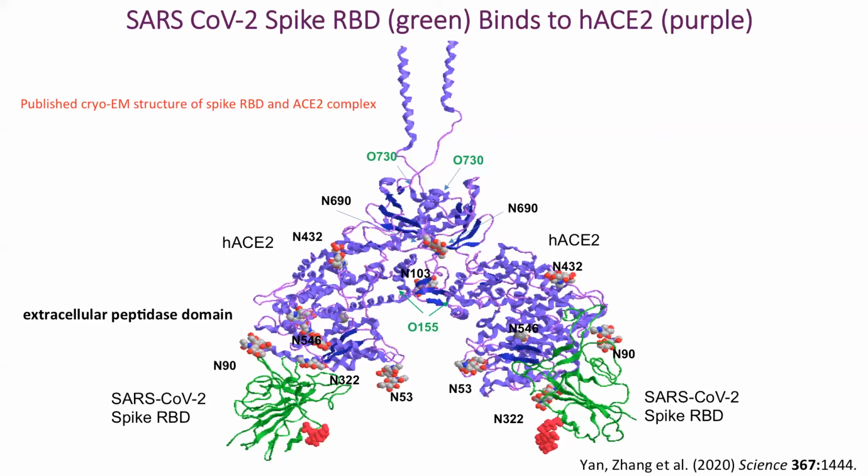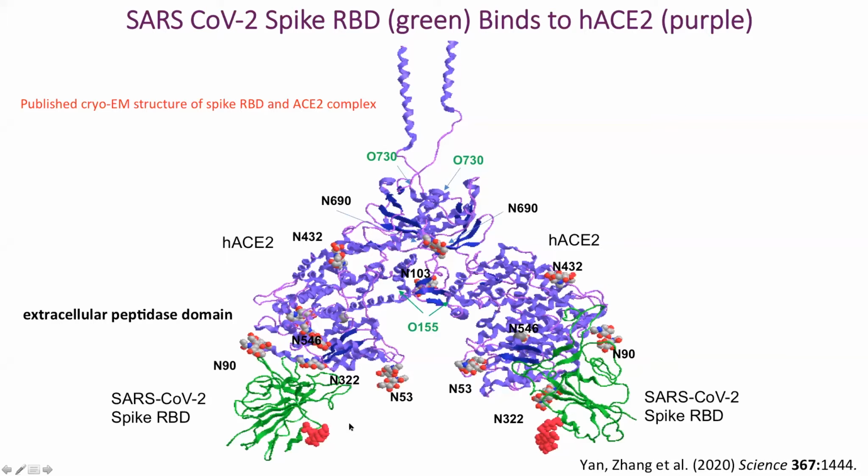So what this shows is the receptor binding region, the green, of the SARS-CoV2 that it interacts with the human ACE2 receptor in its peptidase domain region.